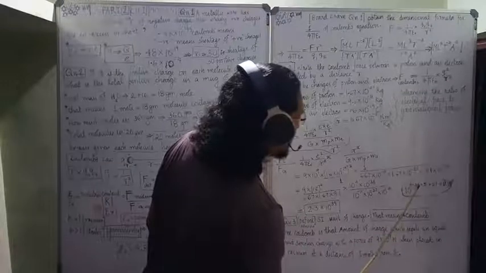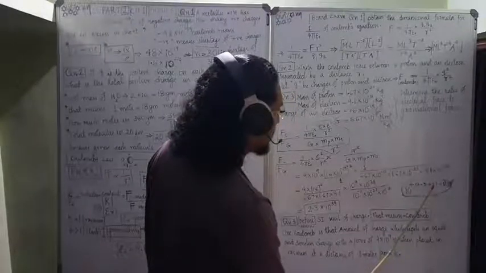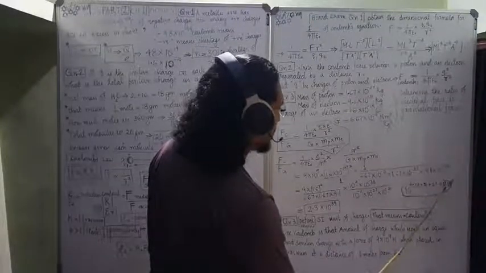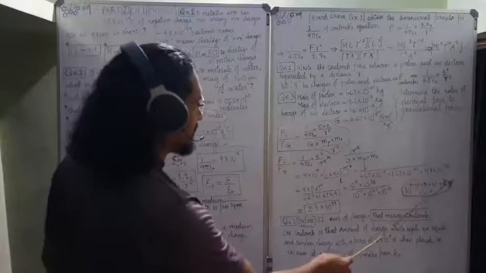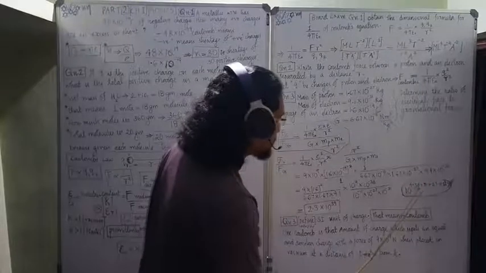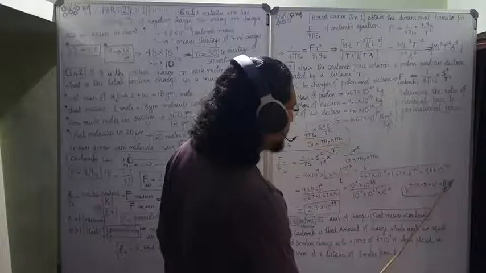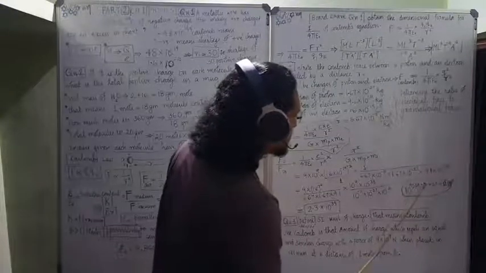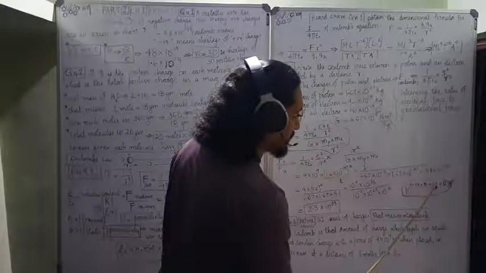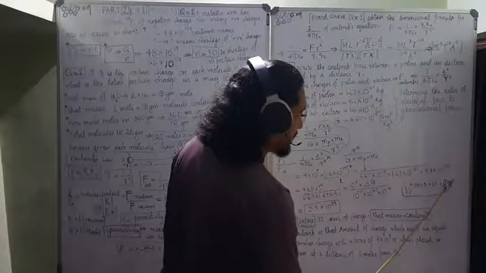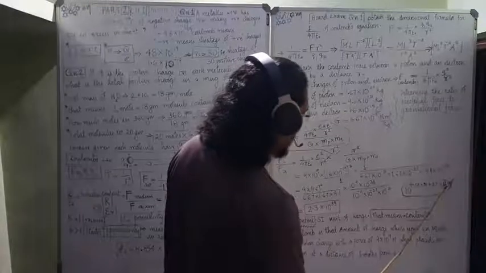Once again, sorry: 38 minus 31 is 7, 7 minus 27 is minus 20, plus 20, plus 11. Just understand the calculation step by step.